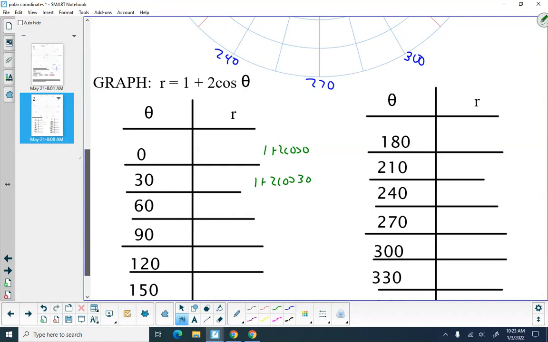Then from there, this is going to give you an r, theta ordered pair. So you're going to find these r values. You're going to graph each one of those ordered pairs. Don't connect them yet. Don't connect them, but you can plot all those ordered pairs.